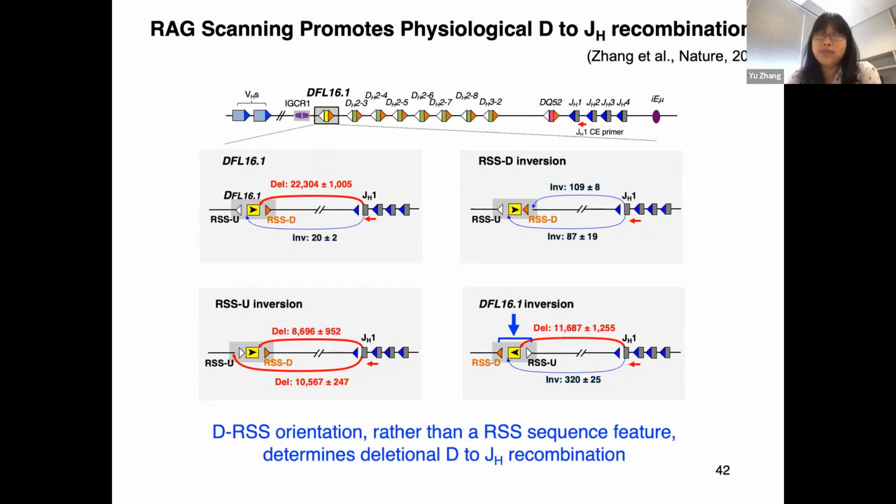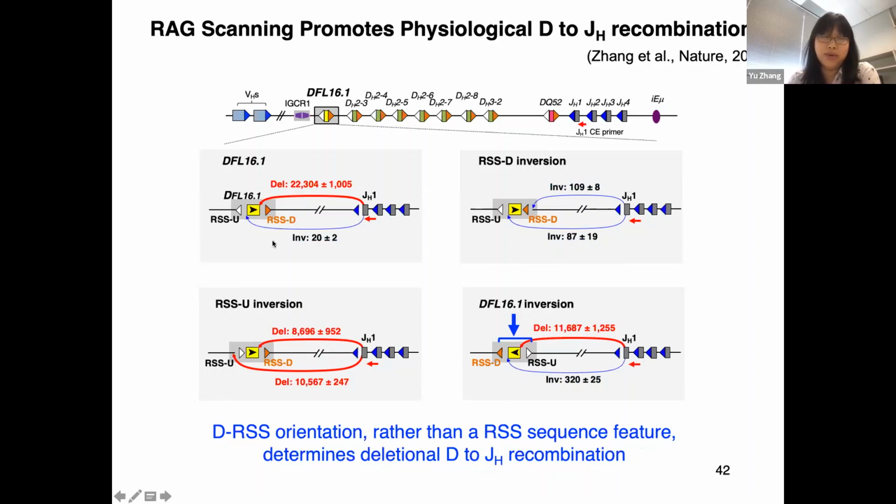So this data clearly shows that DRSS orientation, rather than an RSS sequence feature, determines the deletional D2J recombination, and strongly supports that RAG scanning promotes physiologic D2J joining.